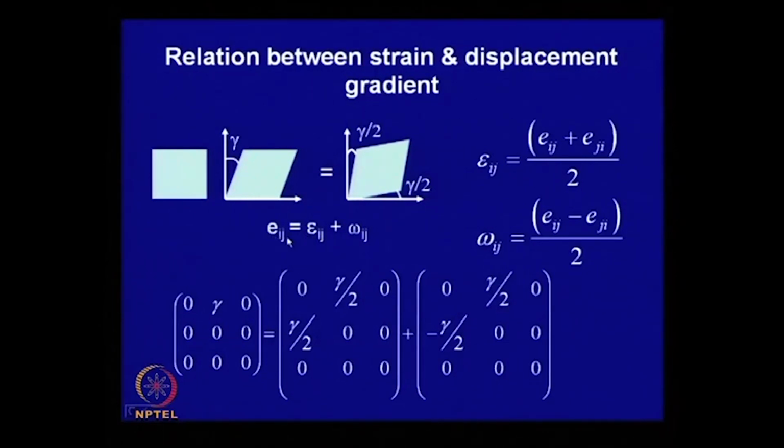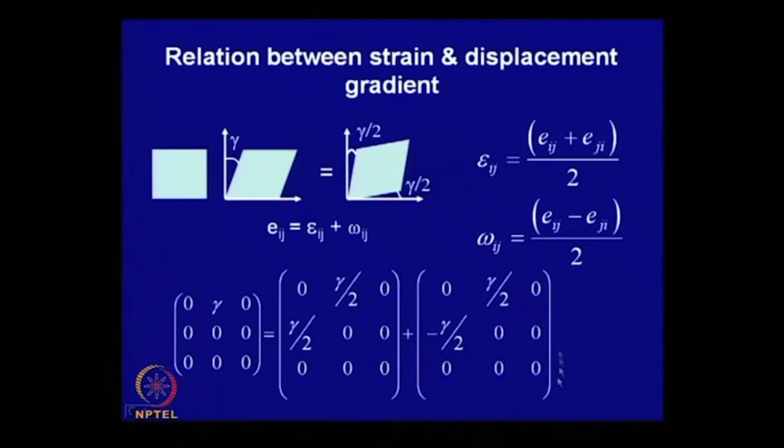This E_ij is the sum of epsilon_ij plus omega_ij. So, that means we are adding to this strain a rotation which is like this, and if you add the two you will get this.